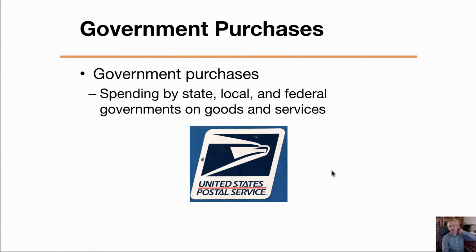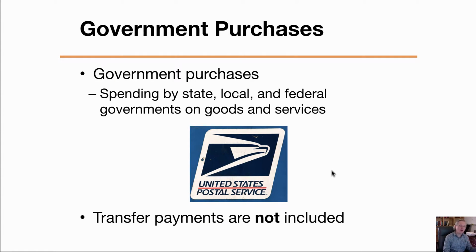So fiscal spending, you might hear it called that when people are talking about different policy changes that the government might engage in to reduce, say, fiscal spending. That's what they're talking about, government purchases. One thing that's not included here, though, are transfer payments from one part of the government to the other. That's not included.